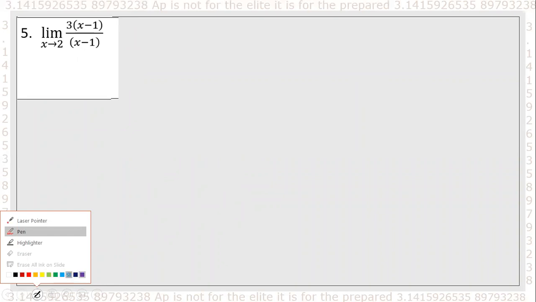Okay. Ooh, let's do this one. Oh, snap. Okay, we're doing the same thing, guys, but first, notice if anything can reduce. Do you see this x minus 1 and that x minus 1?